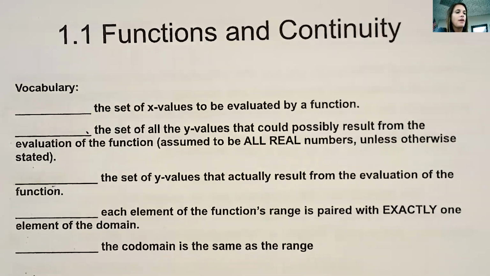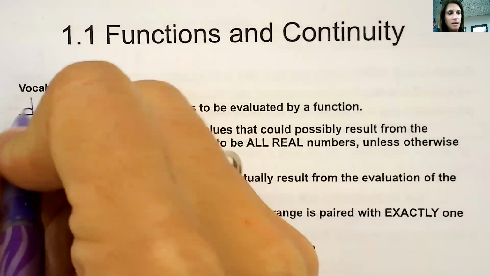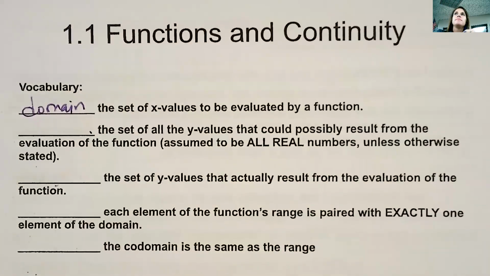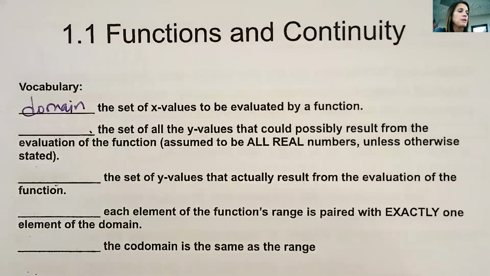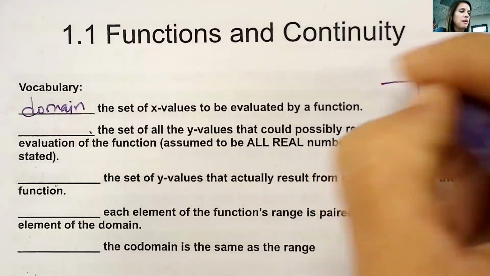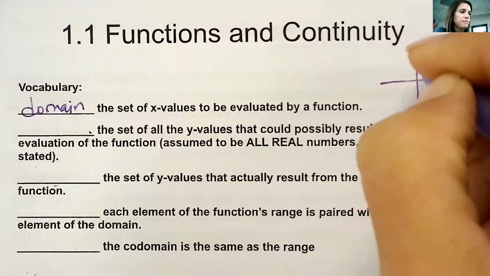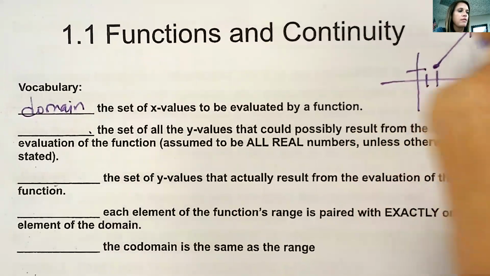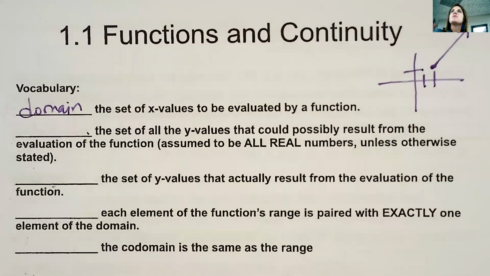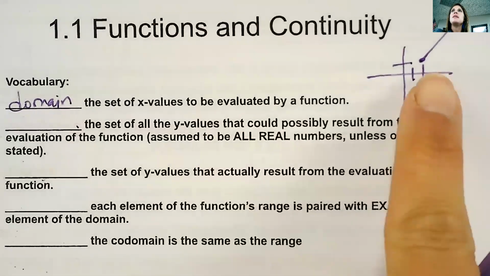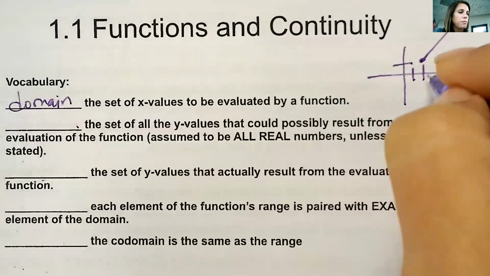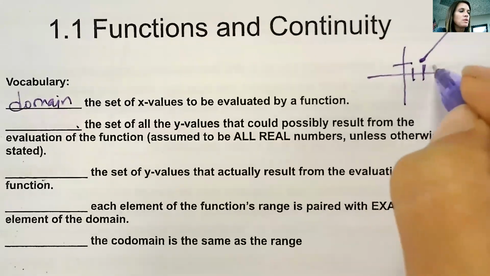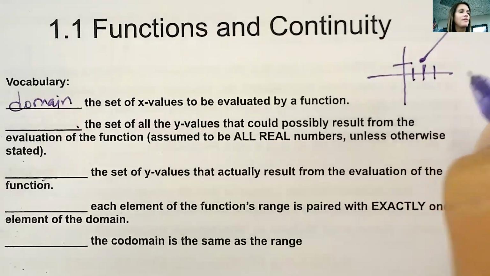Okay, first we have the domain. The domain is any x value in the function. So for instance, let's say this was my graph. It starts right here and it's going to go that direction. If this was my graph, the domain of this graph, the x values that it could be, starts at 2 and it goes to the right.